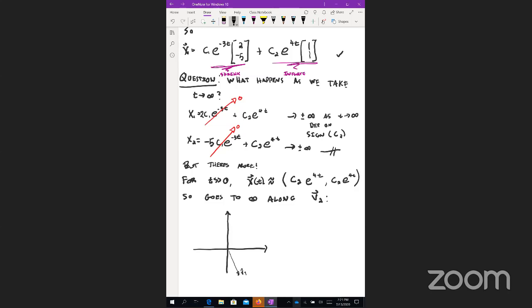So for v1, in fact, we should think of this as a linear subspace because, of course, it could be plus or minus. And then v2, well, we have another linear subspace.